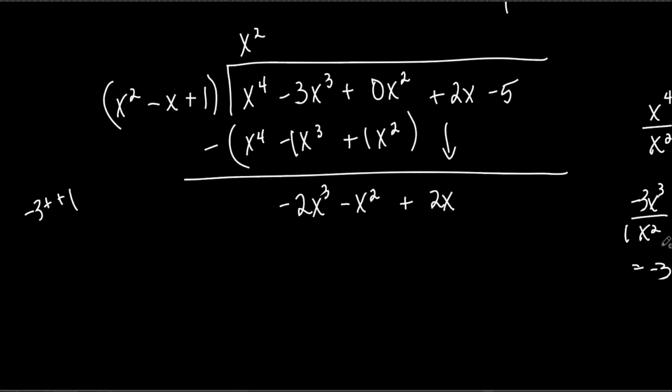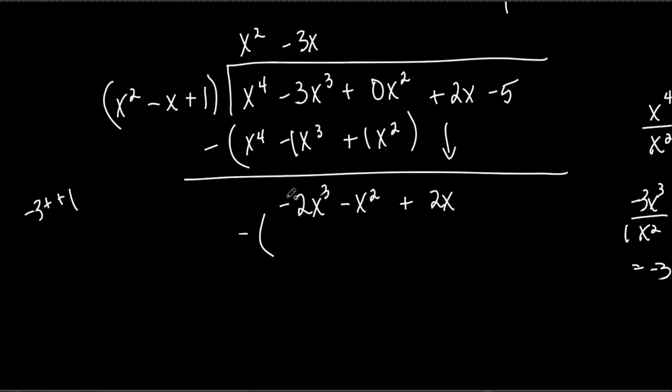What's x cubed divided by x squared? I got 2 x's down here and 3 up here. It's just an x, right? You're just left with an x. All right, that's a little scary. You don't know how to do this? That should be an Algebra 1 principle. So x cubed divided by x squared is just an x. So it's negative 3x. So we put a negative 3x right here.